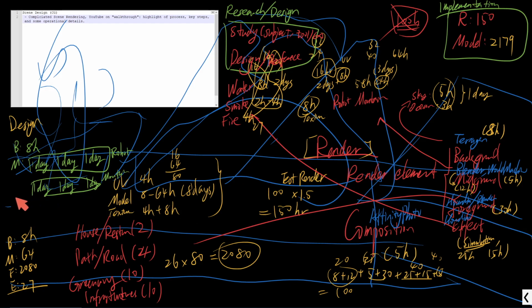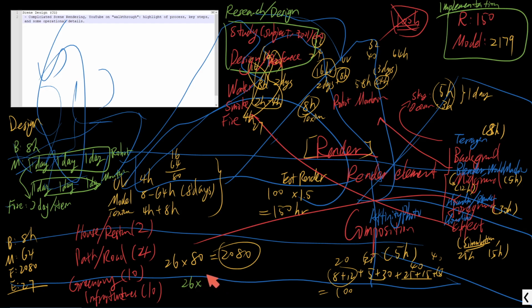And for the foreground, including those many things, the house and the restaurant, I think depending on the model, it's just 3 days for each item, right? Yeah, that will work. 3 days for each item. So we have 26 items times 3 days.